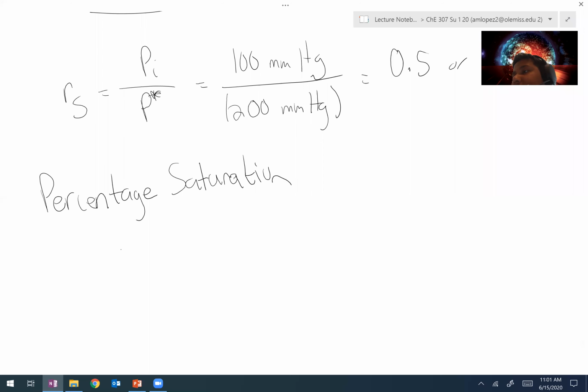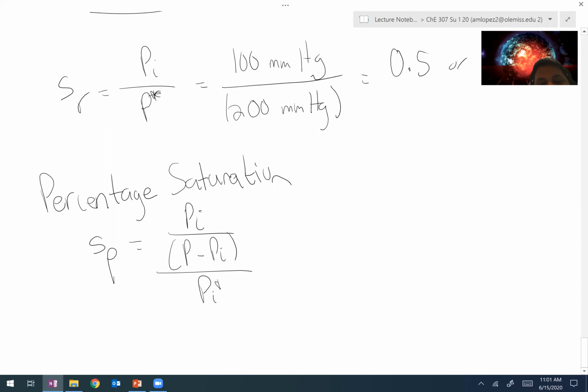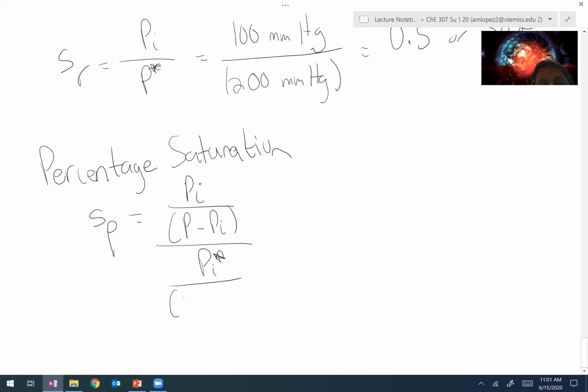And here I'll use S sub R. I don't know why I like R sub S, but I'll use what the book uses. So the percentage saturation is the partial pressure relative to the system over the saturation partial pressure relative to the system.